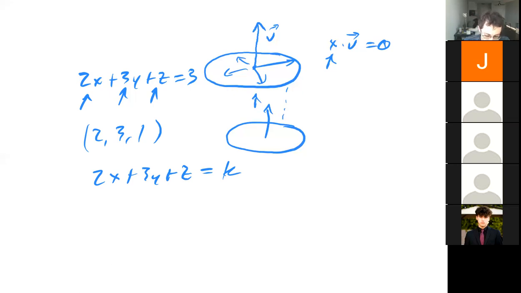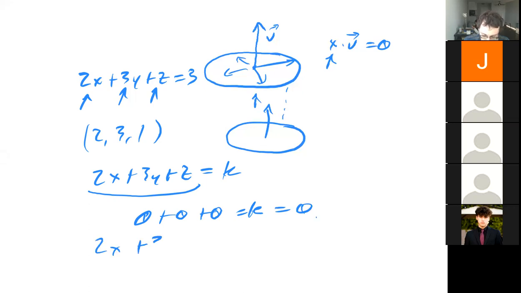And now all we have to do is find k. We know that this plane passes through the origin. And so if we plug in 0, 0, 0 for x, y, and z, we get 0 plus 0 plus 0 is equal to k. So k is 0. And that gives you that the equation for the plane is 2x plus 3y plus z is equal to 0. So now, can someone tell me how to do the second part?